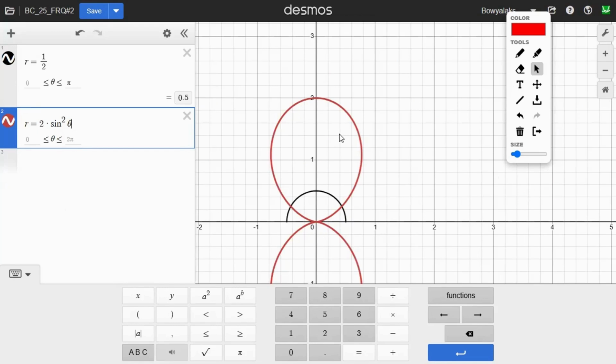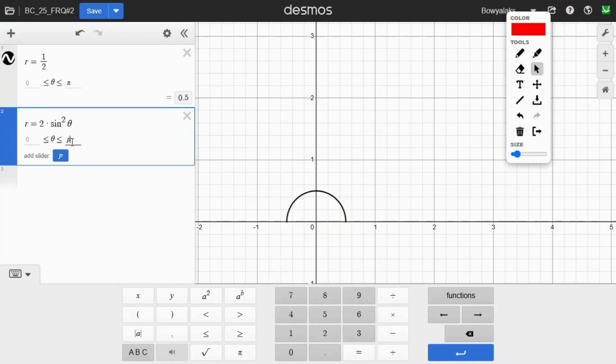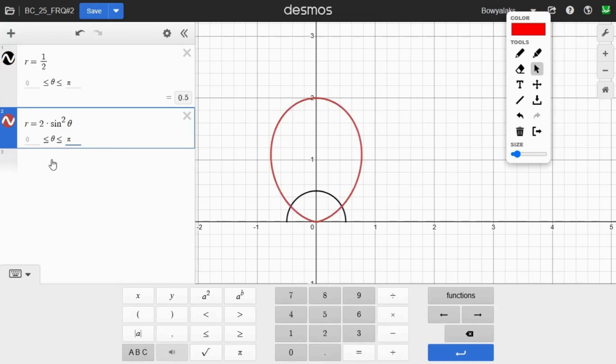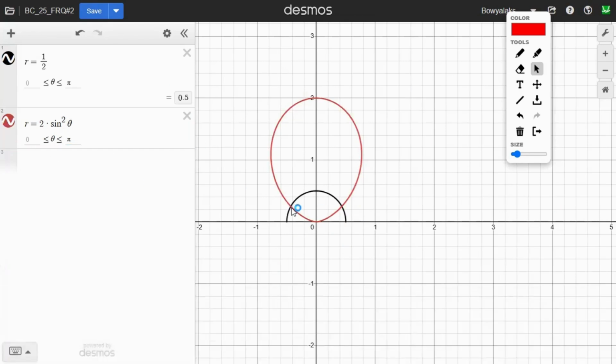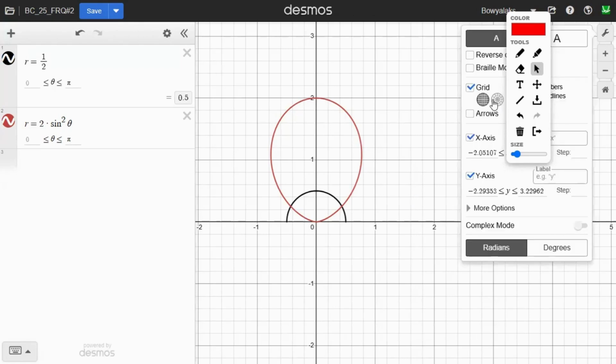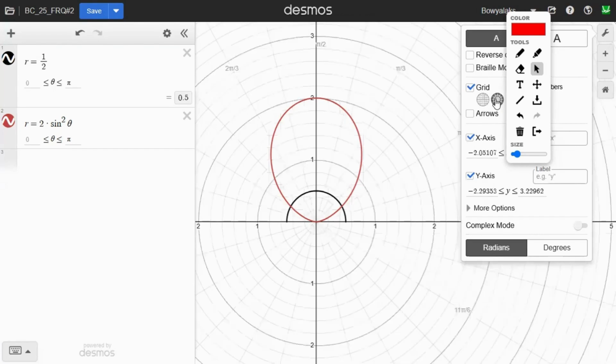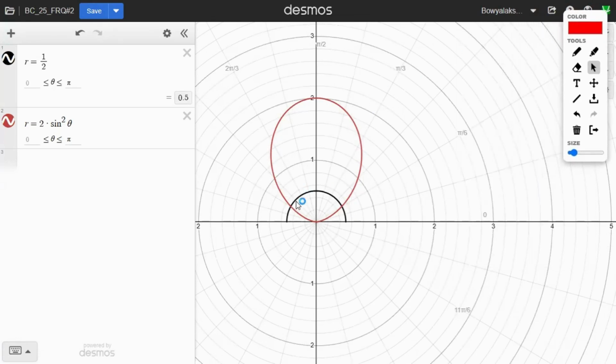Can you see the exact image we got? And where they are intersecting, I need to find. But again, I will get x and y values, and I need theta. So in the settings, you can go for the x-axis, y-axis, and another one is the radian, like the polar curve. We can use it. Now this will give me the intersection points.